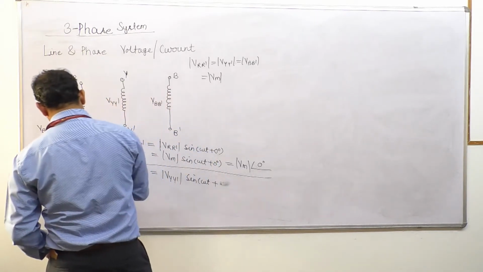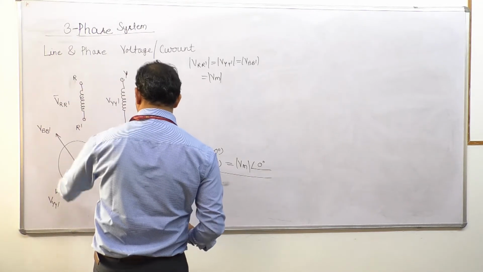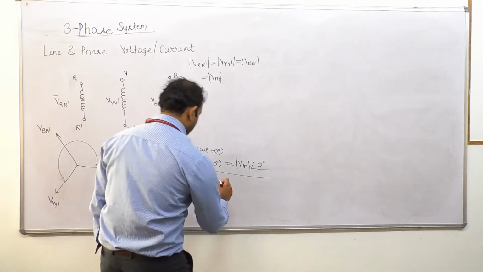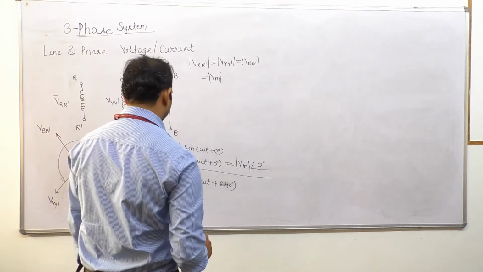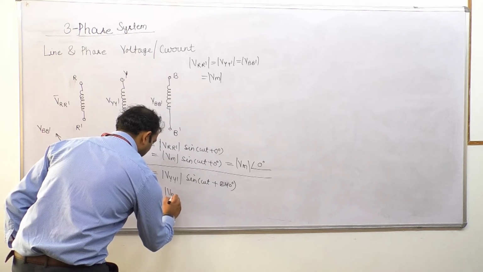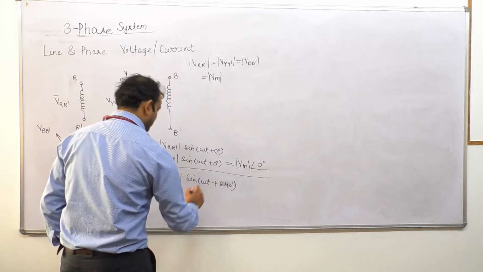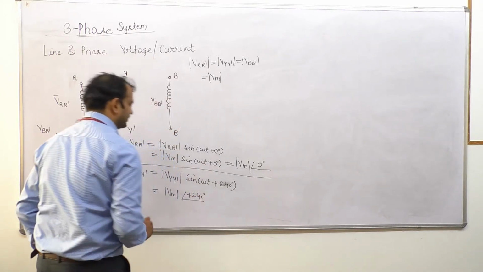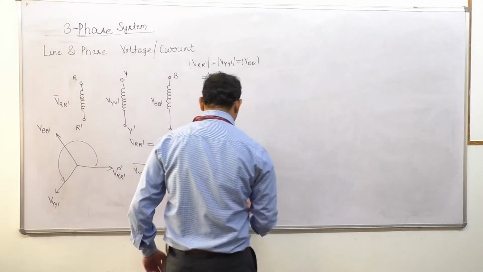The angle is 240 degree from the positive sequence, or anti-clockwise. So this is plus 240 degree, right? We can also write this as mod of Vm angle plus 240 degree.